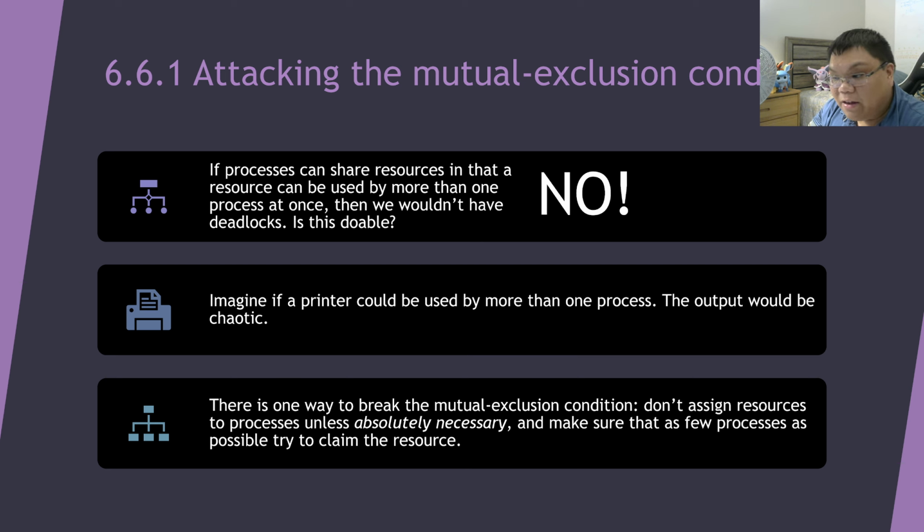There's one thing we can do, and that is don't assign resources to processes unless absolutely necessary, and make sure that as few processes as possible try to claim it. So there's nothing we can do on the mutual exclusion front. If 2 processes try to edit the same file, we might get garbled results. And you can see this for yourself if you're ever going to take CSE-5250 in the future.